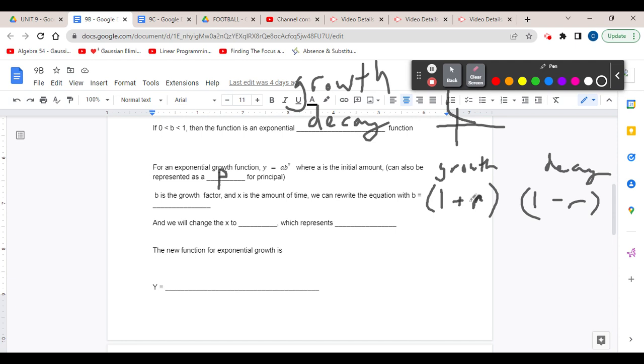And what we're going to do is change the x to t, which represents time. Again, not really changing the function. We're just changing some of the letters around to make it apply more to real life.